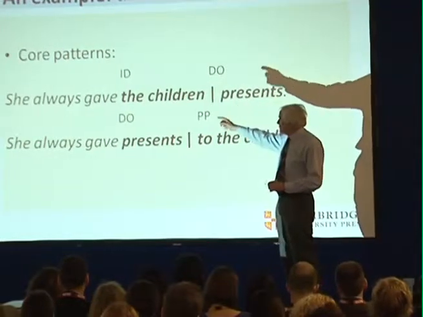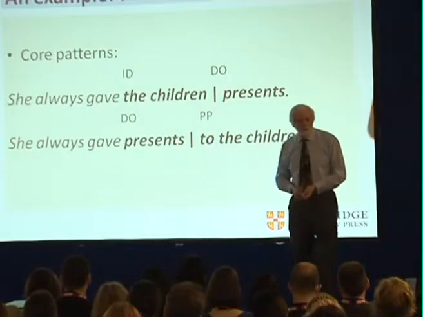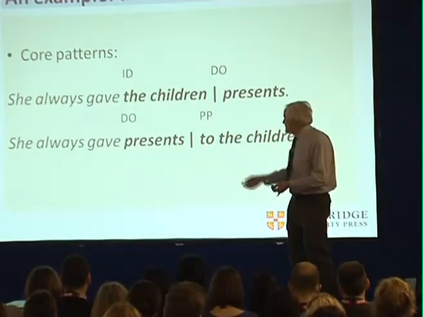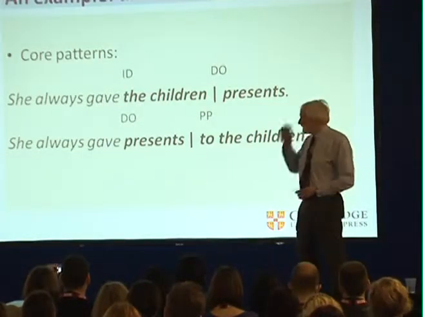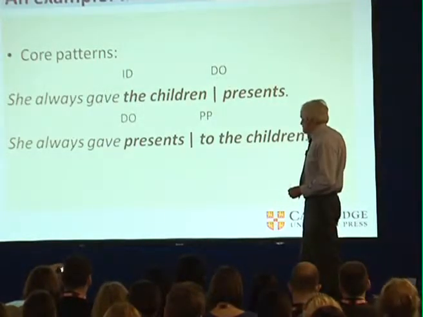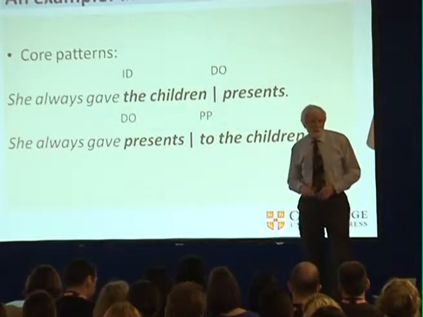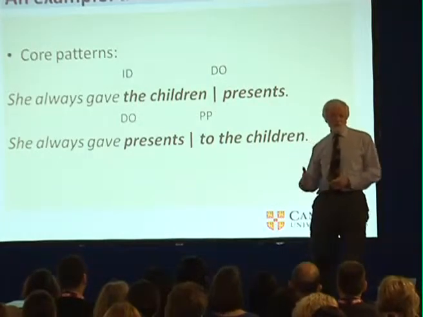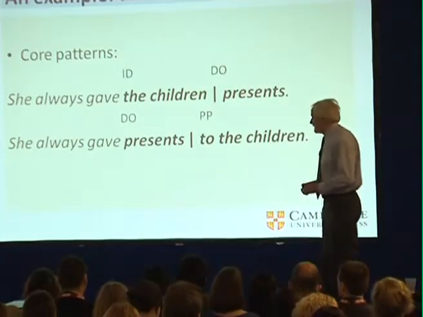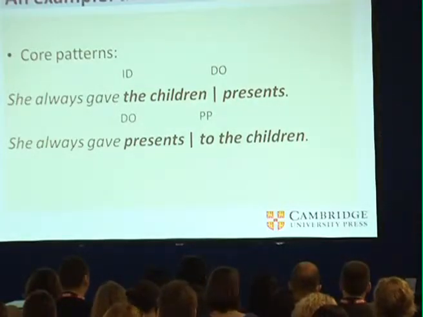She always gave the children presents, and its alternative realization, which is a direct object followed by a prepositional phrase. She always gave presents to the children. So these two patterns are ubiquitous in the language, and numerous verbs can be realized in either of those patterns. And I want to have a look at how those patterns in particular emerge across the CEFR levels.